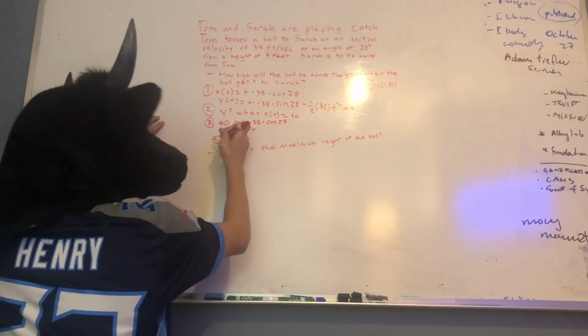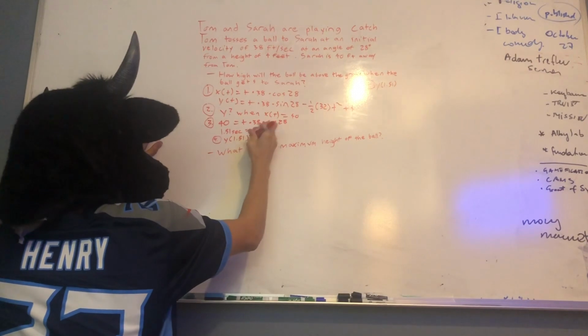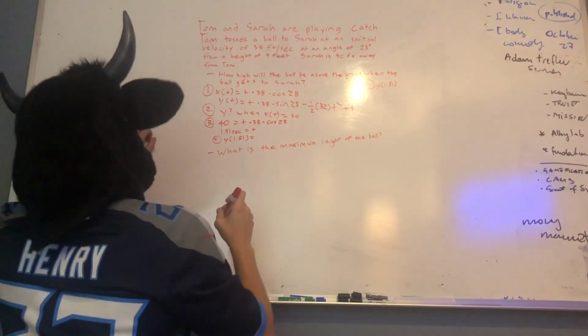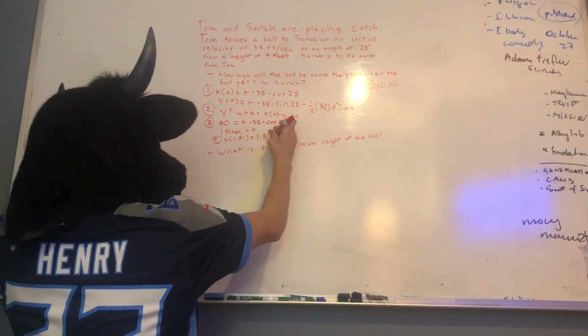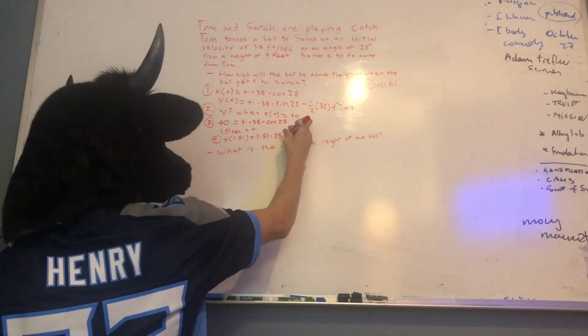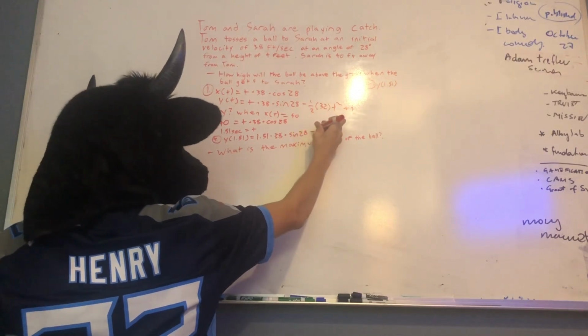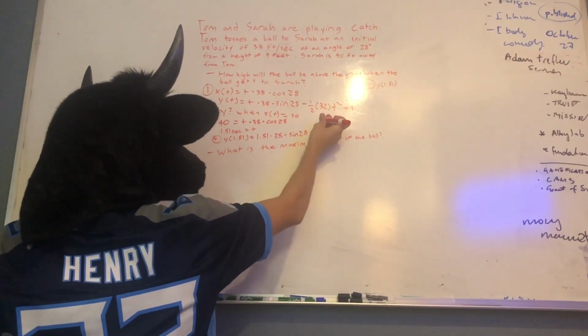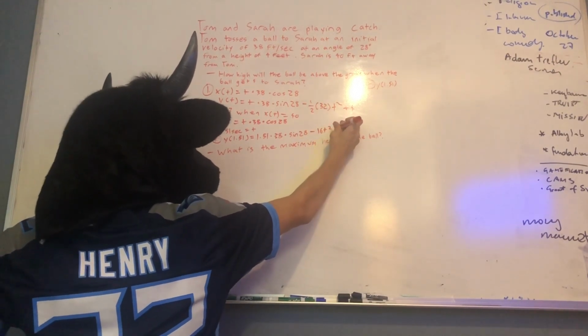So y of 1.51 equals 1.51 times 38 times sine of 28 minus 1/2 32, or just 16, t squared plus 4.